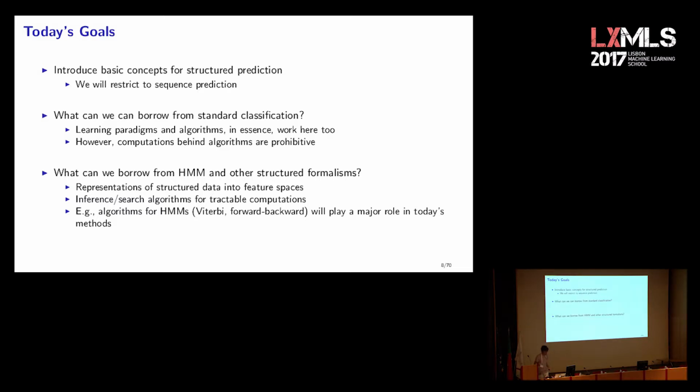We are predicting structures. Last Saturday, Noah Smith talked about HMMs, which in fact is a formalism that models sequences. It models sequences of states that generate sentences. Okay, so an HMM is one structured formalism. If we already have these things, what can we borrow from this, and what's the relation between standard classification and HMMs and things like that?